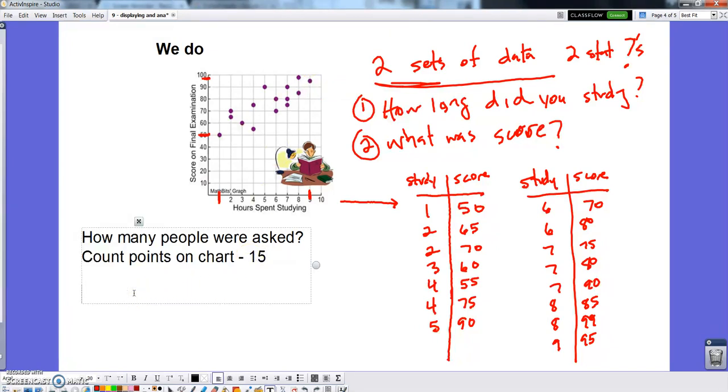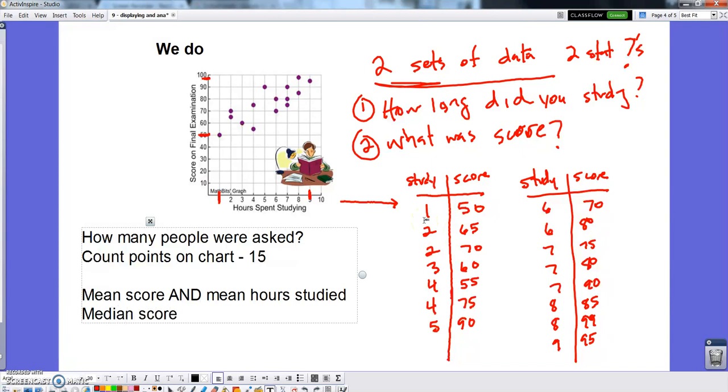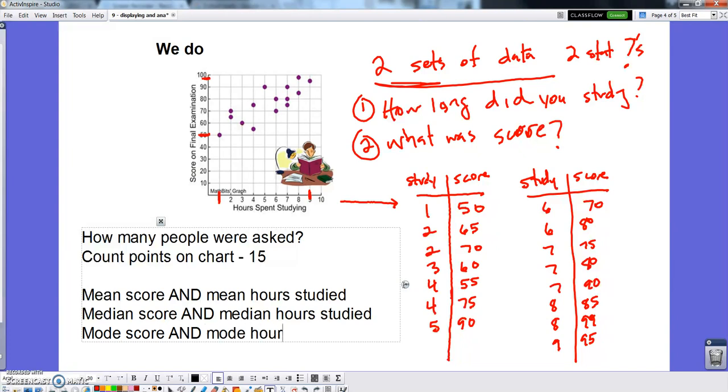But the thing I want you to write down is that from here, I could find both. I could find the mean score and I could find the mean hours studied. Two separate means I would have to calculate. I could find the median score and the median hours studied. I could find the mode score and the mode hours studied.